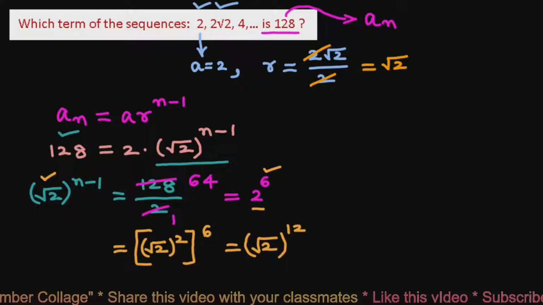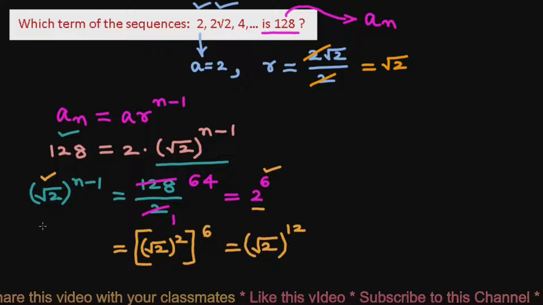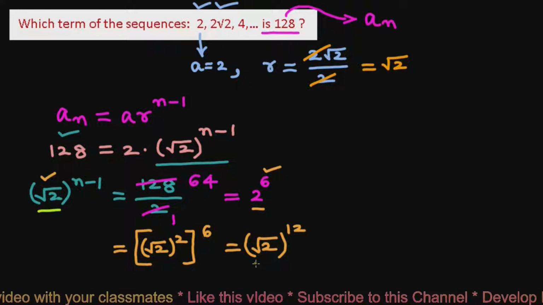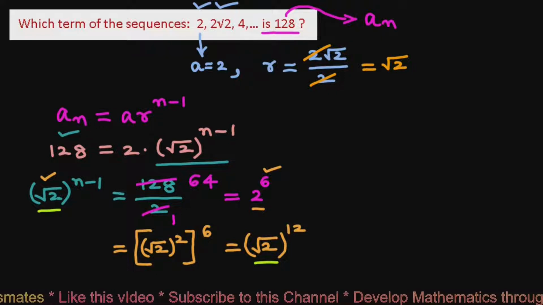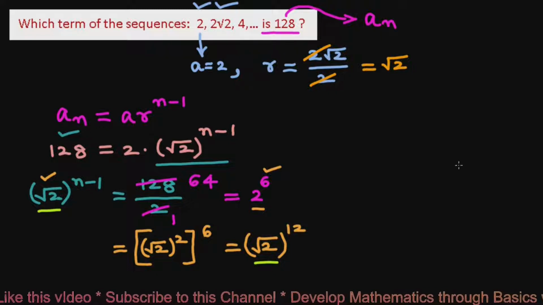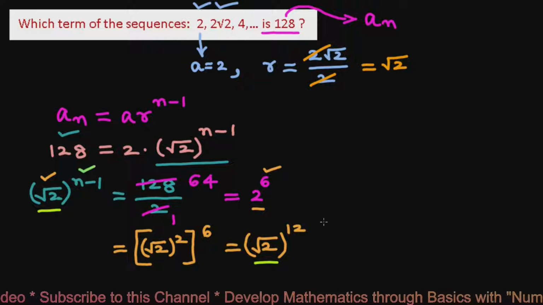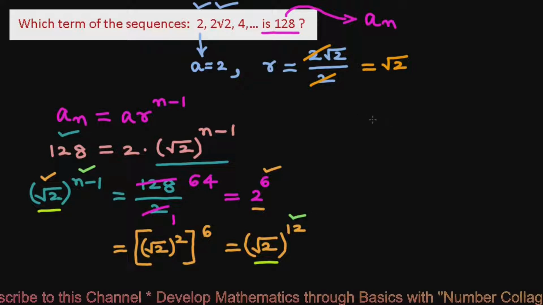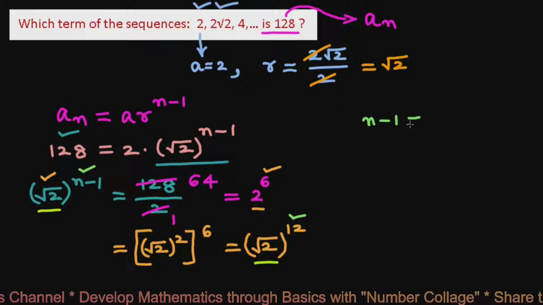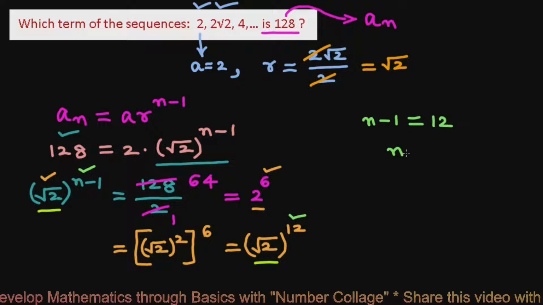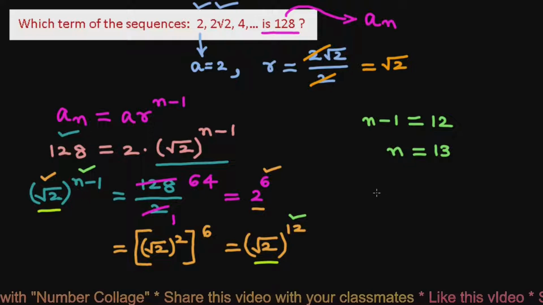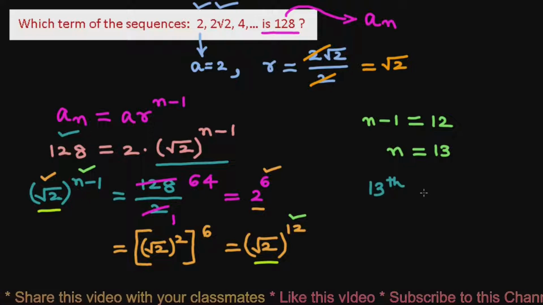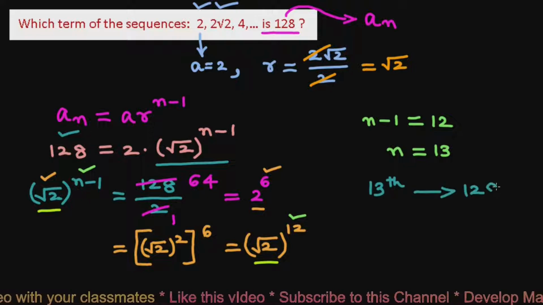The purpose of doing this is to make the bases of these two exponential numbers same, that is root 2. Now since the bases are same, we can equate their powers n minus 1 and 12. So n minus 1 equals 12, that gives n equals 13. So we conclude that the 13th term of this sequence will be 128.